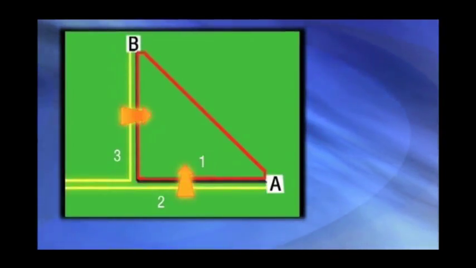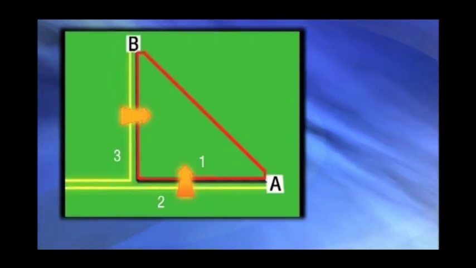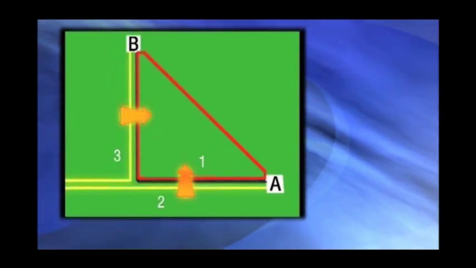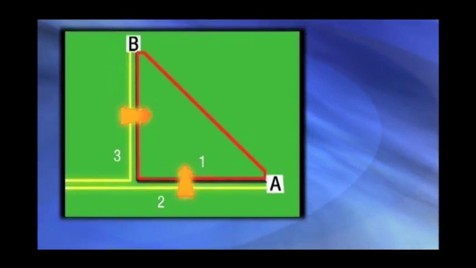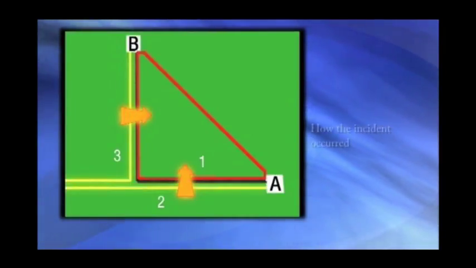Because of different parallel lengths, loadings, and phase angle conditions, it is difficult to determine which induction source, line 2 or line 3, dominated, and how much each contributed to the induced current.